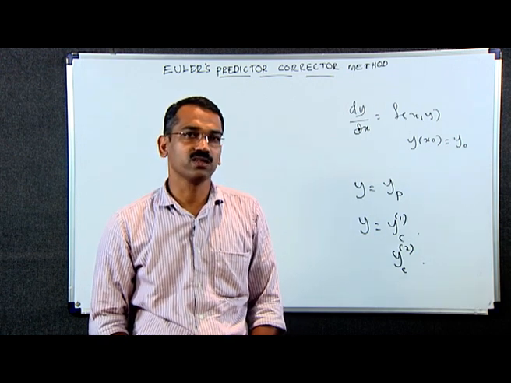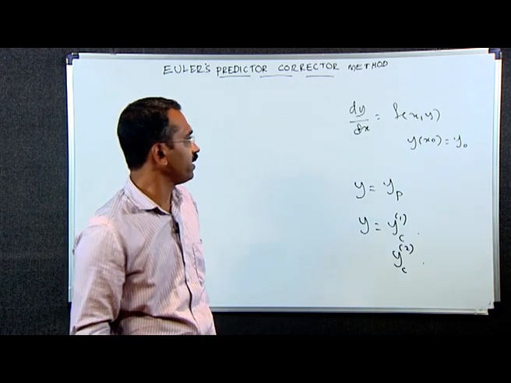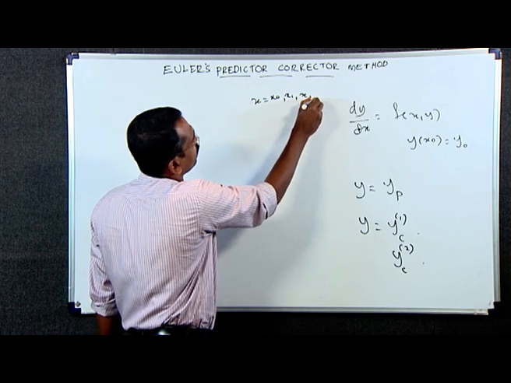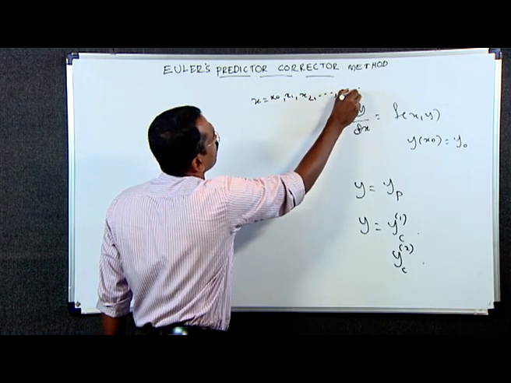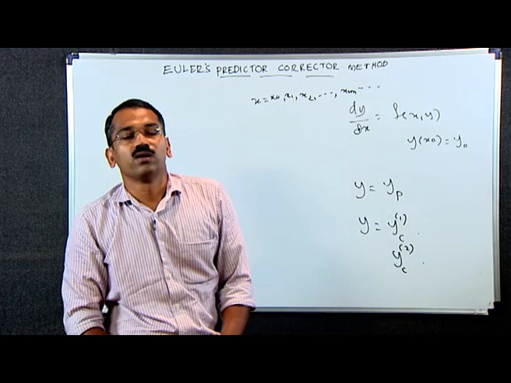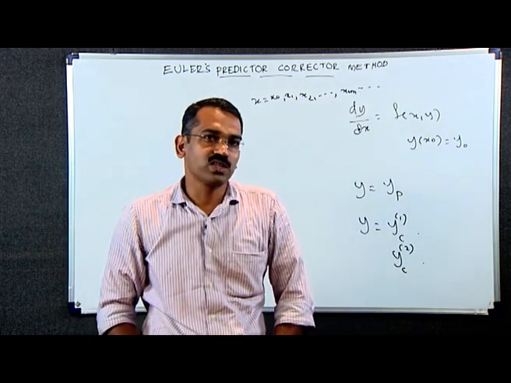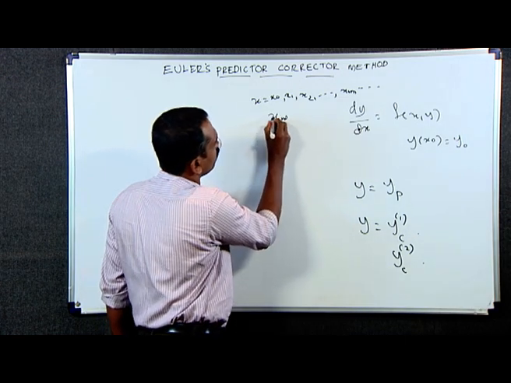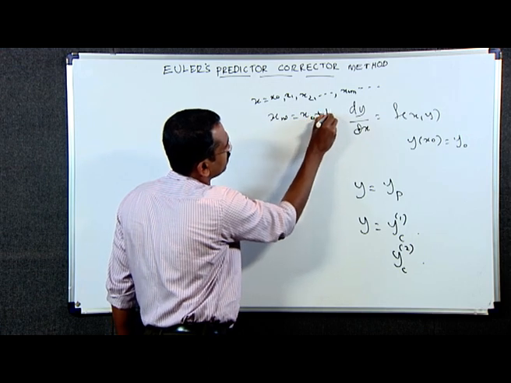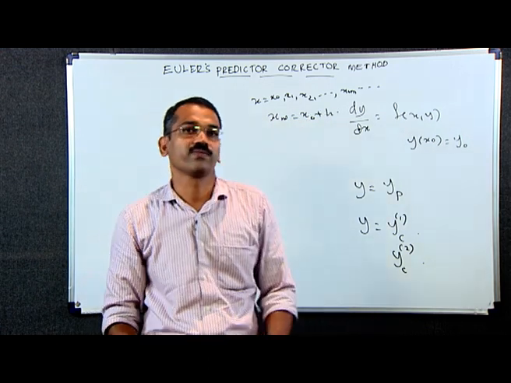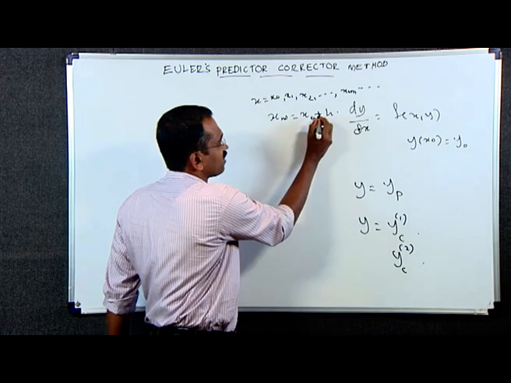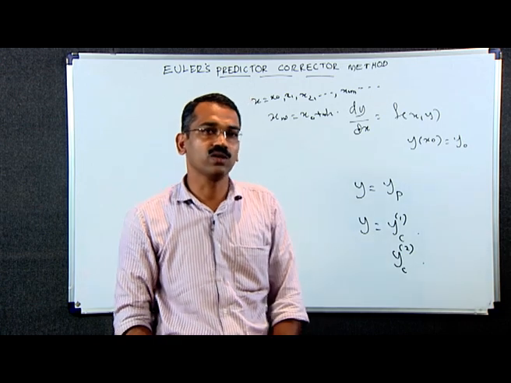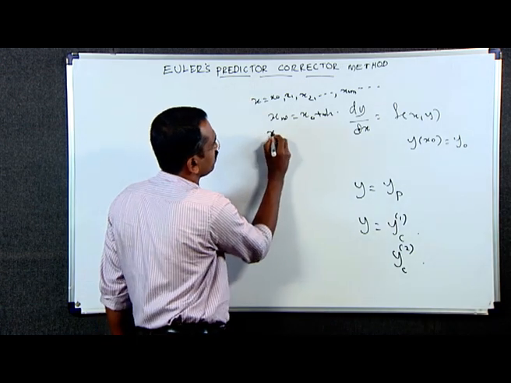We shall assume that the values of x, namely x naught, x1, x2, etc., xm, etc., are equally spaced with step size h, so that xm is equal to x naught plus m into h, and xm plus 1 is equal to xm plus h.